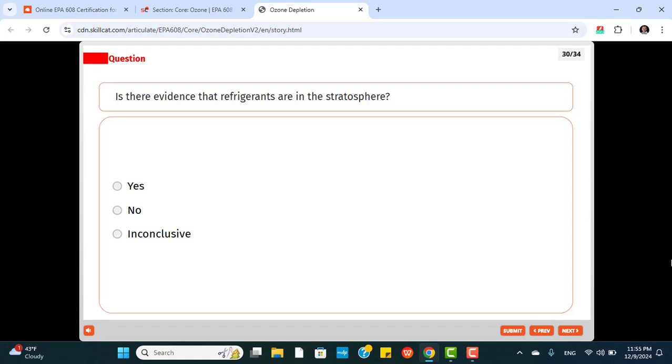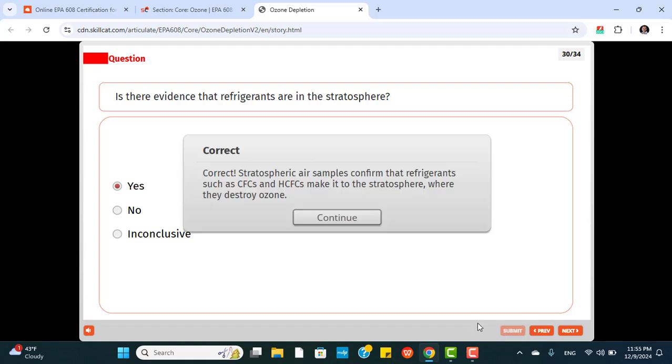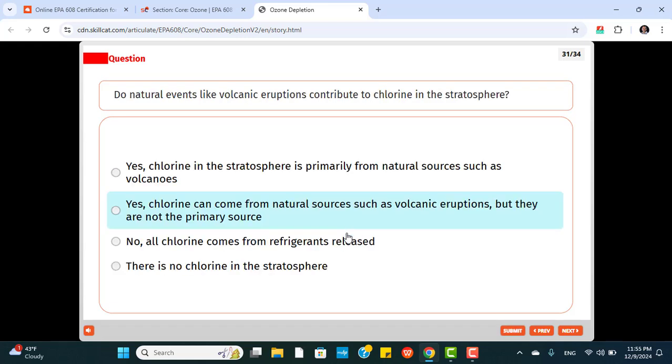Is there evidence that refrigerants are in the stratosphere? Yes, correct. Air samples confirm that refrigerants such as CFC and HCFC make it to the stratosphere where they destroy ozone.